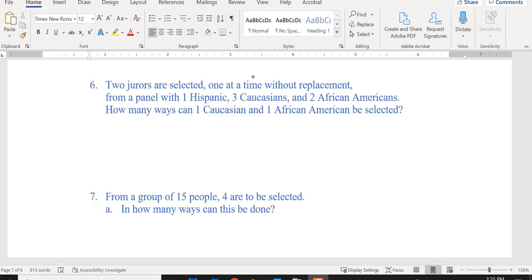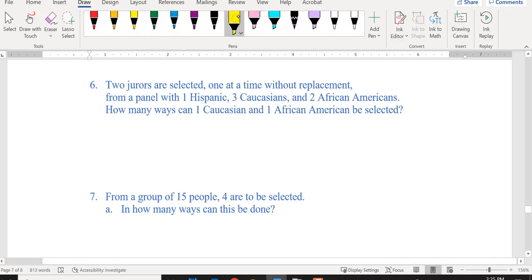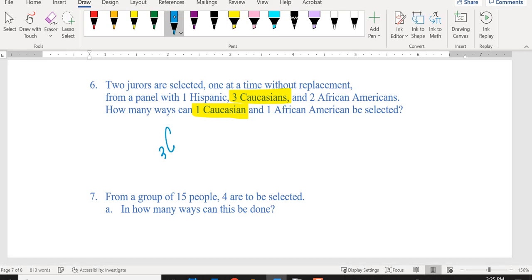Number 6. 2 jurors are selected, one at a time without replacement, from a panel with 1 Hispanic, 3 Caucasians, and 2 African Americans. In how many ways can 1 Caucasian and 1 African American be selected? Okay, let's talk about the Caucasian first. You want to pick 1 Caucasian out of 3. That's going to be the combination of 3, pick 1.